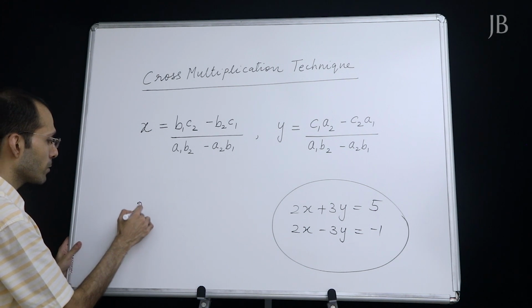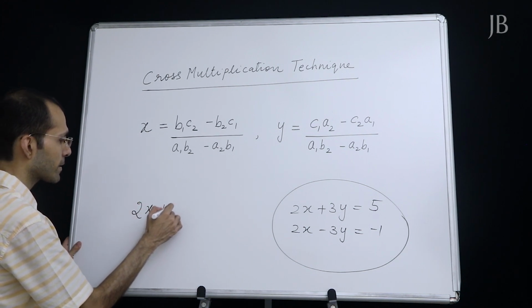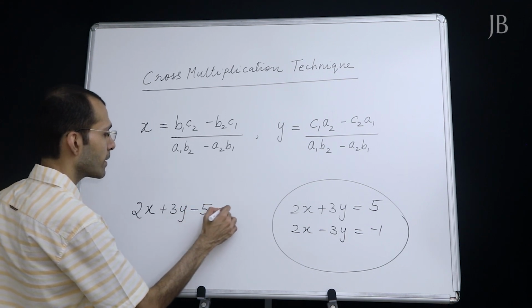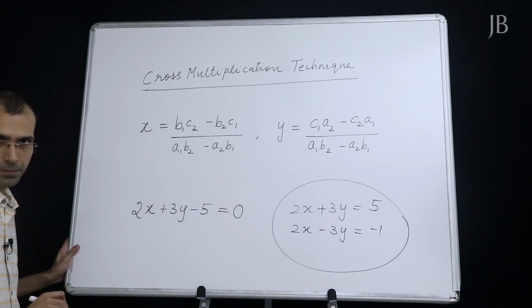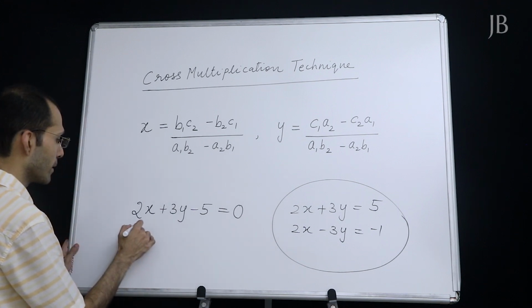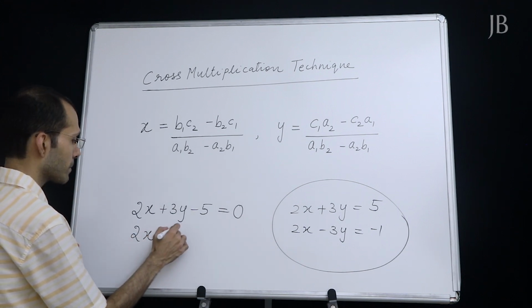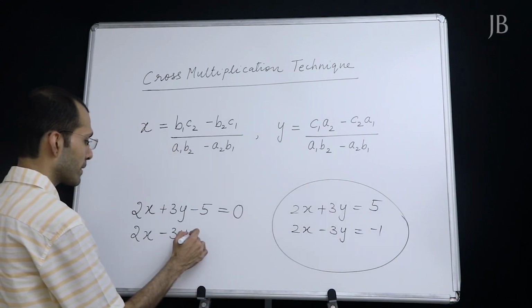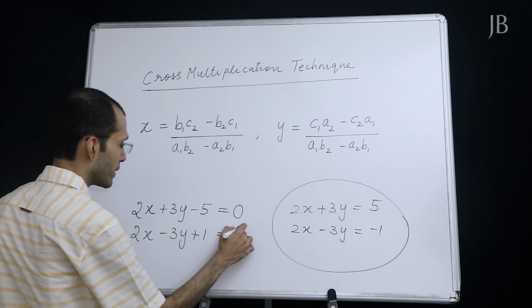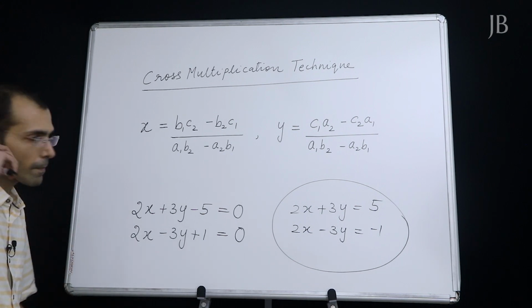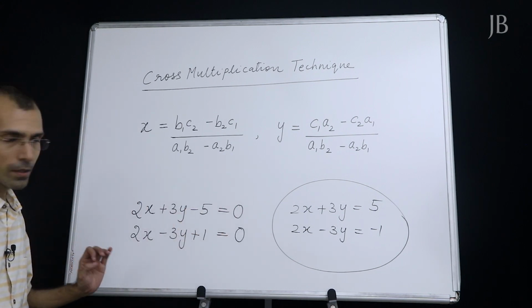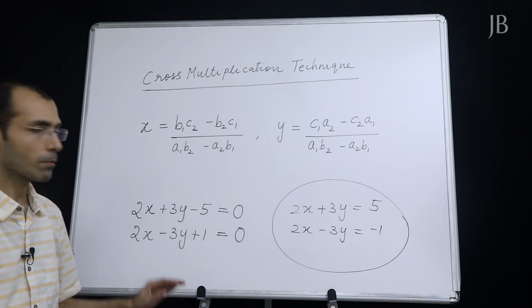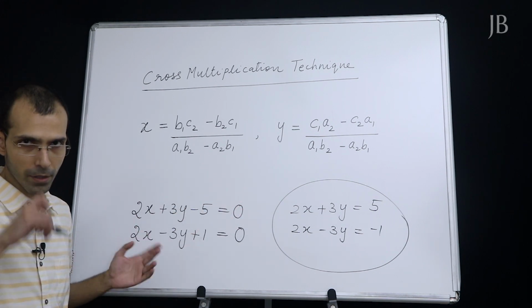So now what we will do, this will be 2x plus 3y, first x then y, minus 5 equaling 0. And here 2x minus 3y, this minus 1 will come on this side, plus 1 equaling 0. So keep the right hand side 0. First x, then y, then the constant term, and then the right hand side 0. Both the equations you have to put it in this order.